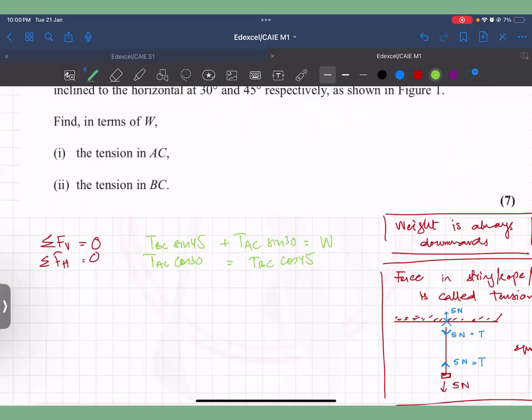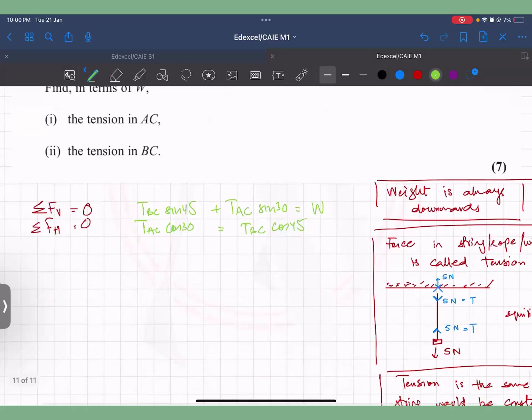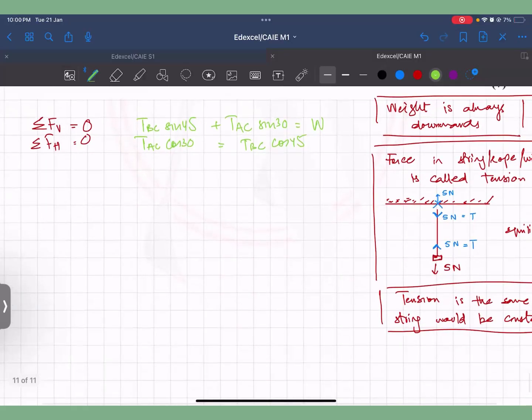Now we need to find tension AC and BC in terms of W, so we have to solve them simultaneously. If you simplify the first equation, this would become root 2 over 2 tension BC plus 1 over 2 tension AC is equal to W. And this would become root 3 over 2 tension AC is equal to root 2 over 2 tension BC, since cos 45 is root 2 over 2. What can we do?